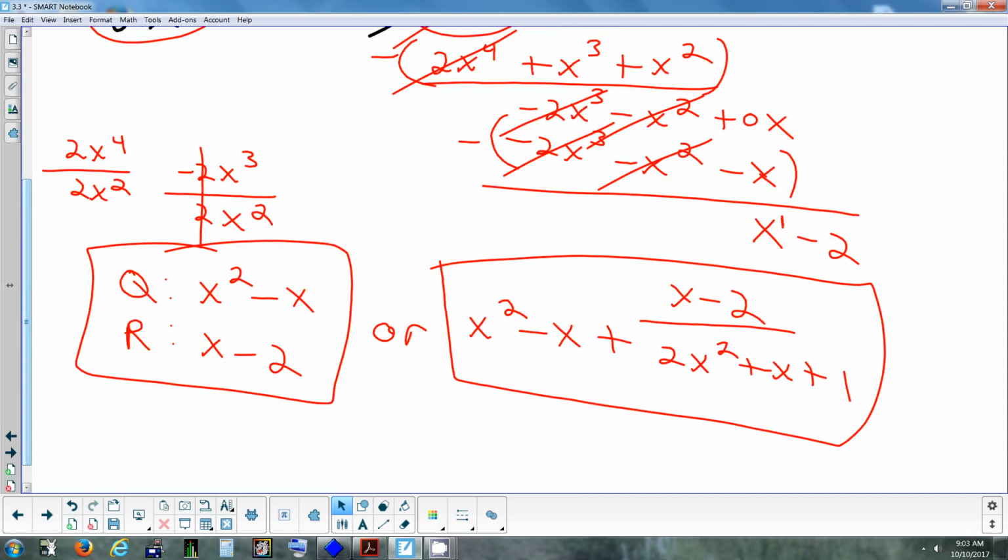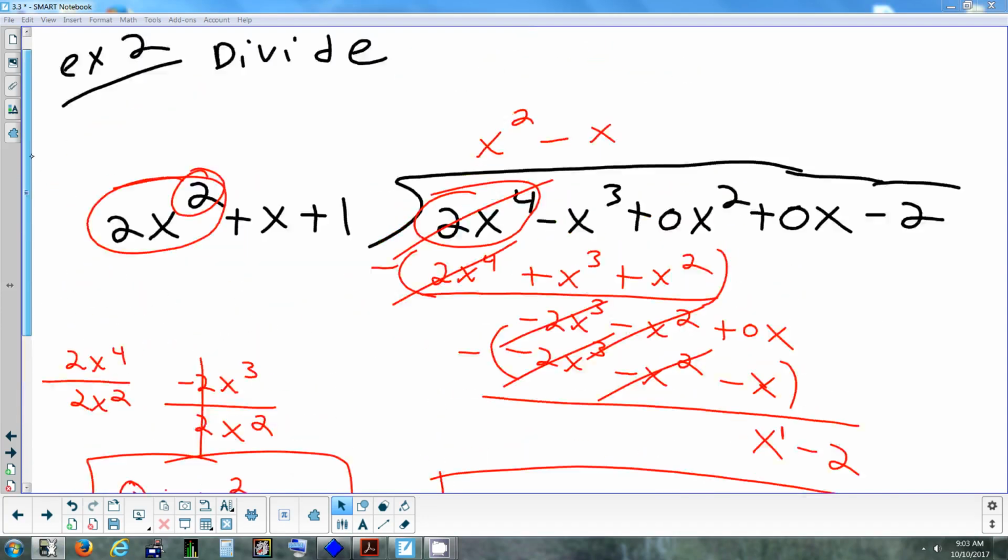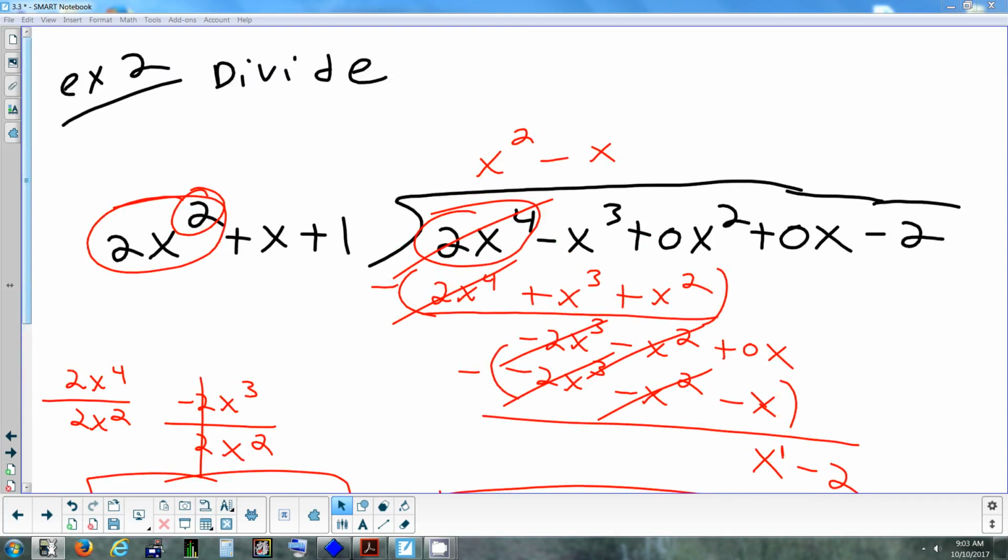Does anybody want me to show that once, just to show how that would work? Yep, okay. So let's take a quick look at graphing one. All right, so type in the original problem, but make sure you do it in parentheses.